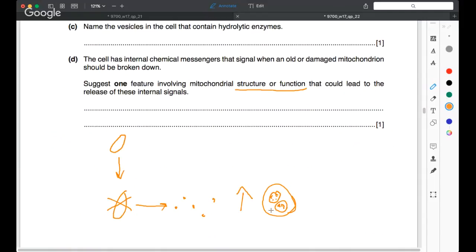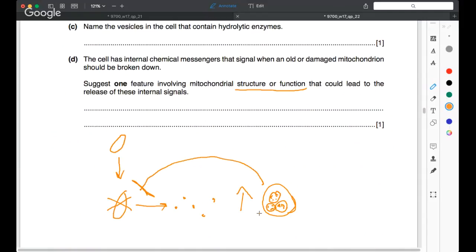Let's imagine this is a lysosome. So it's activating the lysosome that will come and destroy it. And the question is asking, what's one feature involving mitochondrial structure or function that leads to this signal being released?